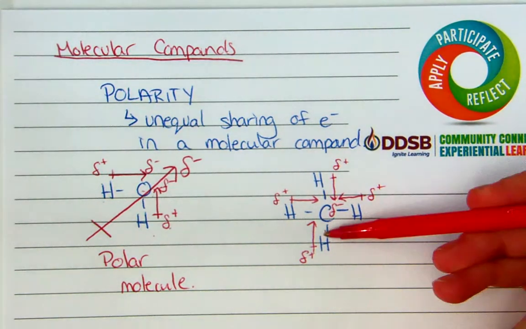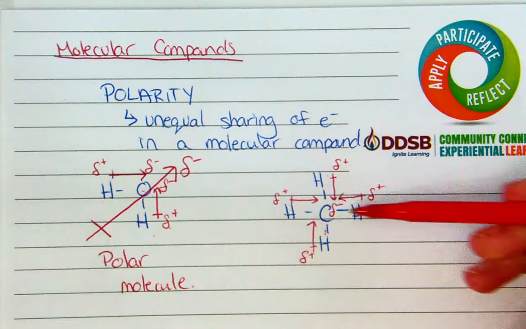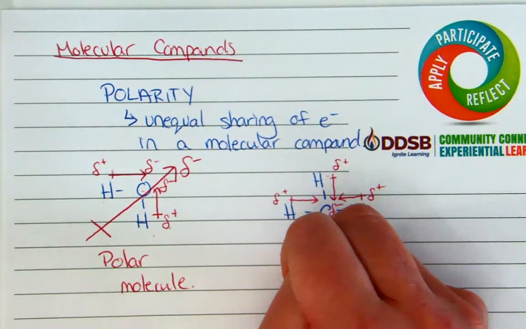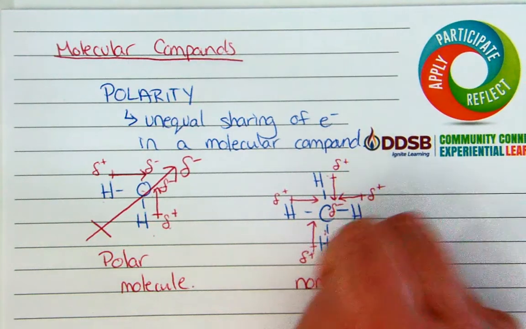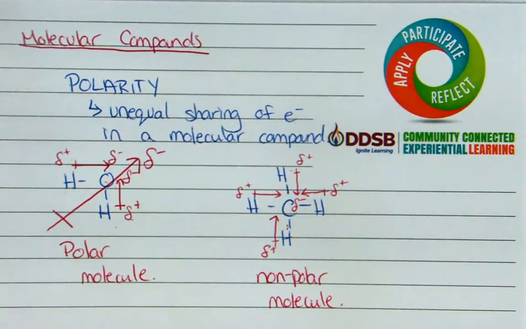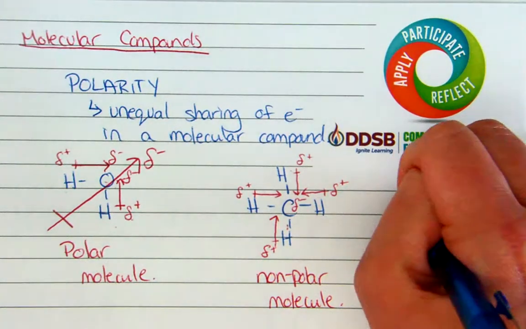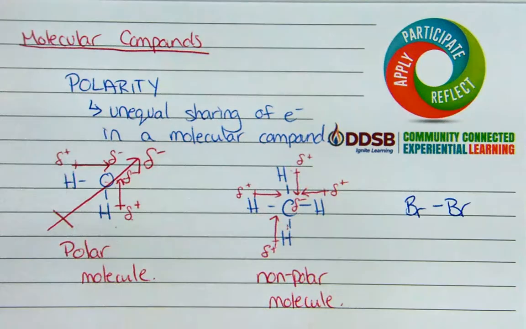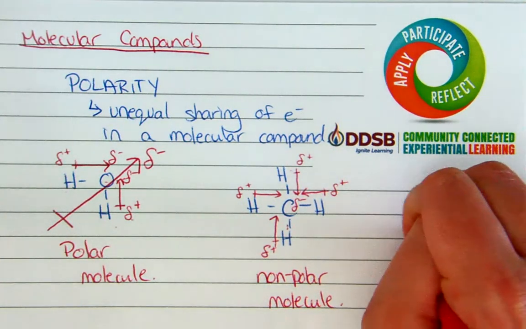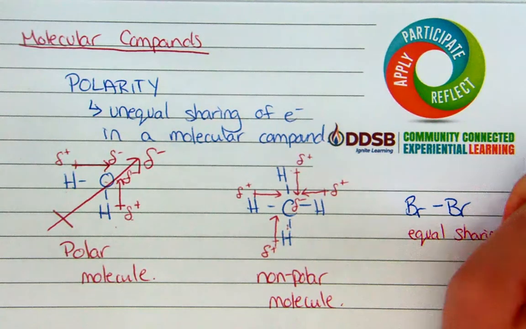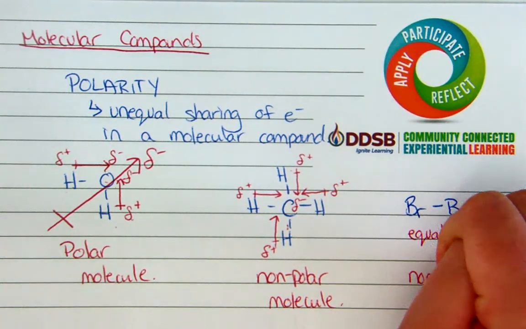But this is symmetrical. All of my dipoles cancel each other out. So this is a non-polar molecule. Another example of a non-polar molecule might be bromine. Okay, here we have an equal sharing. It's the same atom. There is no difference in electronegativity. It's also a non-polar molecule.